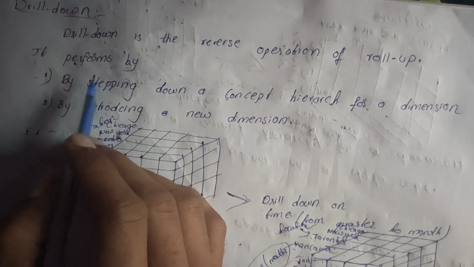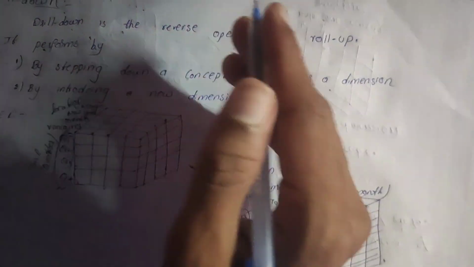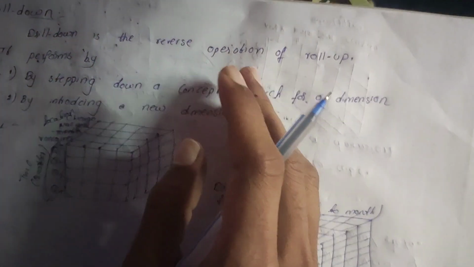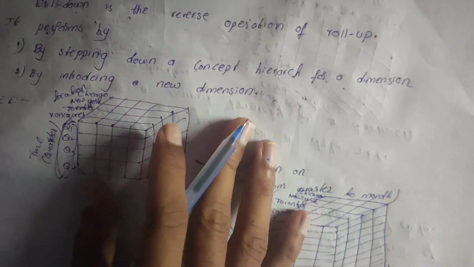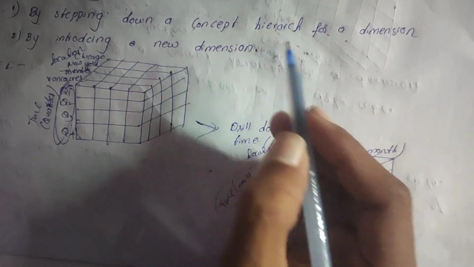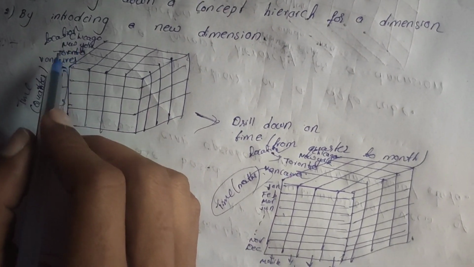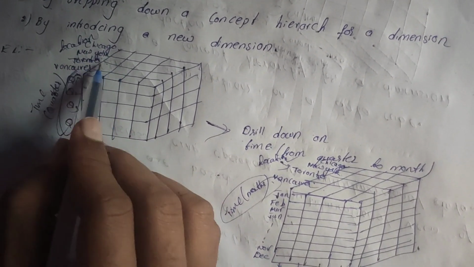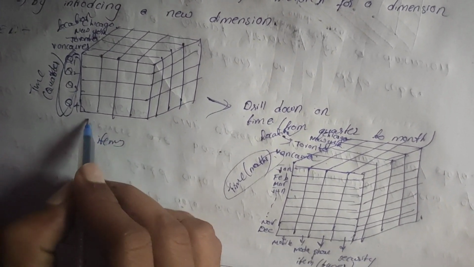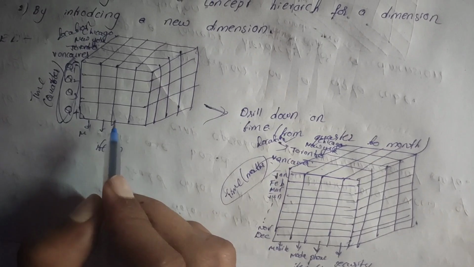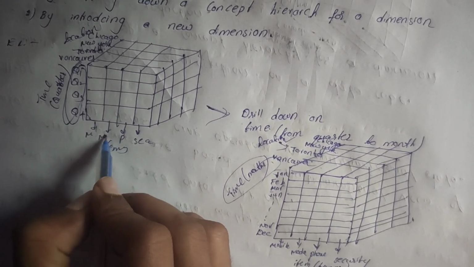Let us check how the process is done. The reverse operation is done by stepping down a concept hierarchy for a dimension and by introducing new dimensions. Here we have location: Chicago, New York, Toronto, Vancouver, and items: mobile, phone, security, modem.